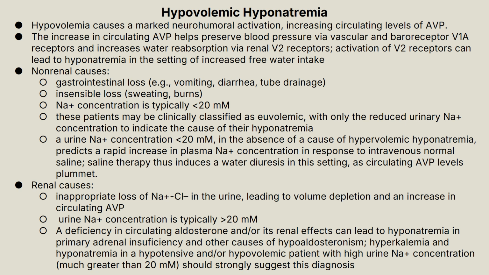A urine sodium concentration less than 20 millimoles in the absence of a cause of hypervolemic hyponatremia predicts a rapid increase in plasma sodium concentration in response to intravenous normal saline. Saline therapy thus induces a water diuresis in this setting as circulating AVP levels plummet.